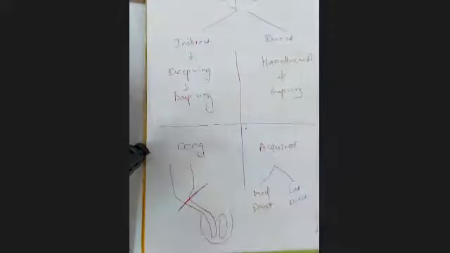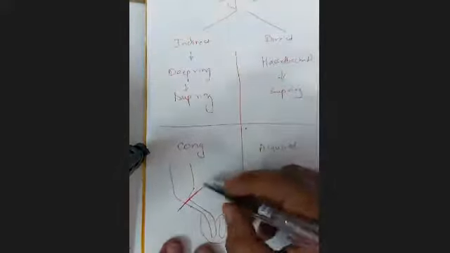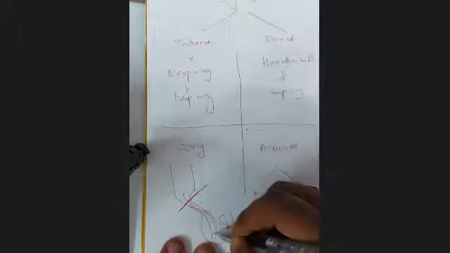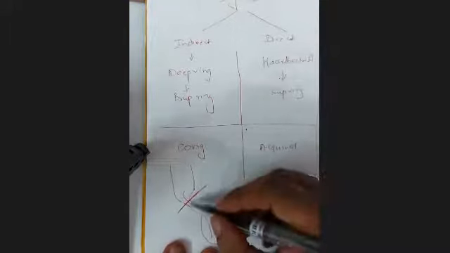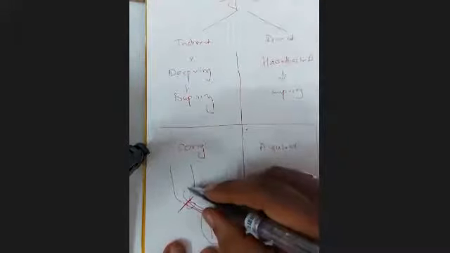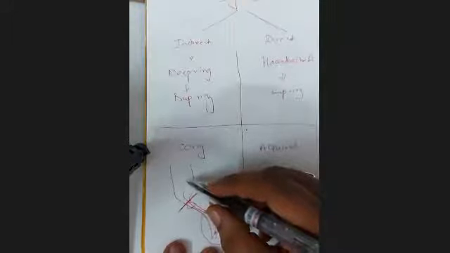If it doesn't get cut off, then there is a continuation of the abdominal cavity right up to the testis, and this is called an indirect hernia, which comes from the deep ring to the superficial ring. It's congenital because of continuation of the peritoneal cavity with the processus vaginalis.